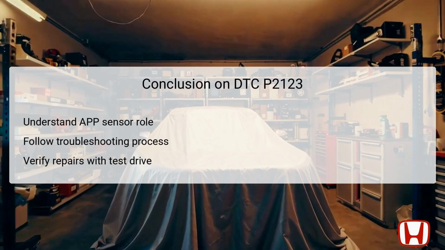DTC P2123 highlights the importance of the APP sensor within the Honda Civic's electrical system. Understanding its role and how it integrates with the ECM is crucial for proper engine performance. Following a systematic troubleshooting process allows technicians to diagnose the issue effectively, whether it be a faulty sensor, wiring problems, or poor connections.